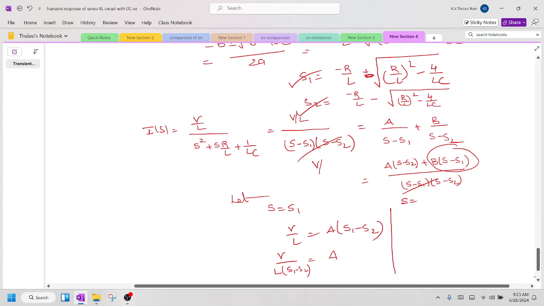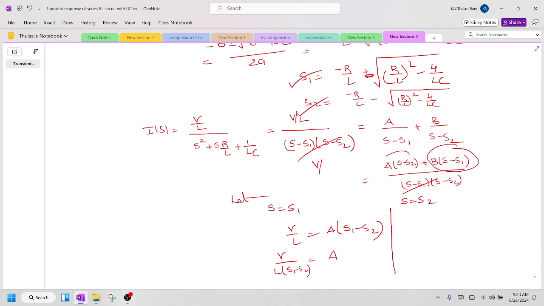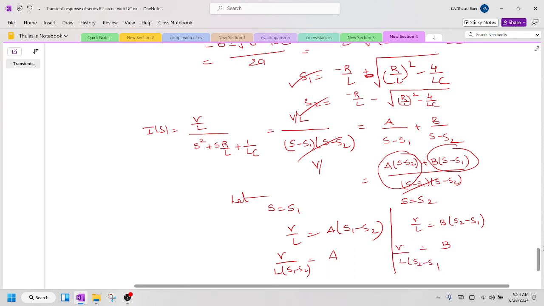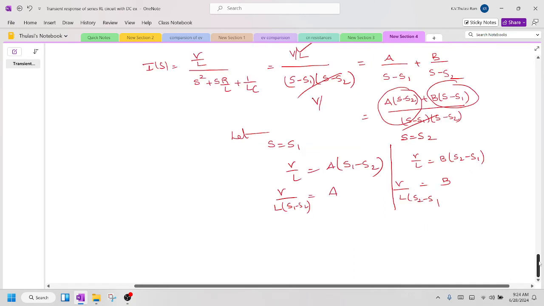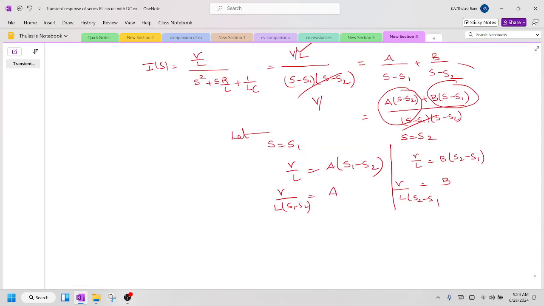Similarly, substitute S is equal to S2. When you substitute S is equal to S2, the A term will become 0. V by L is equal to B into S2 minus S1. Now what is the value of B? B equals V by L into S2 minus S1. Now substitute these values in the above expression.